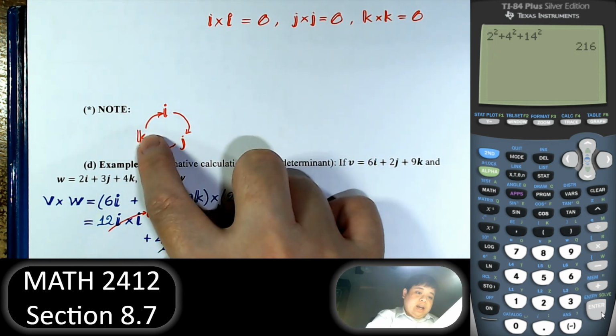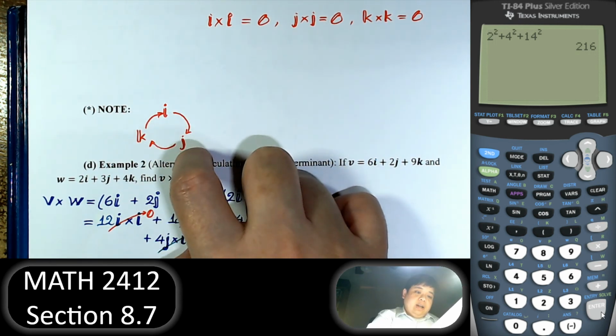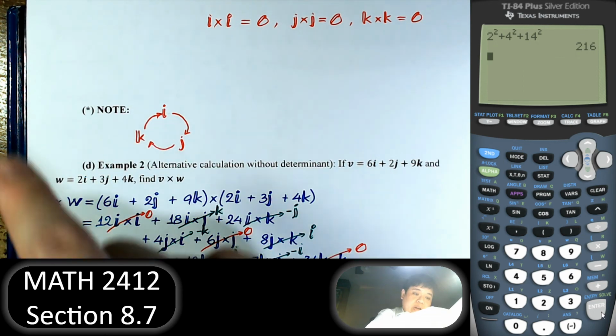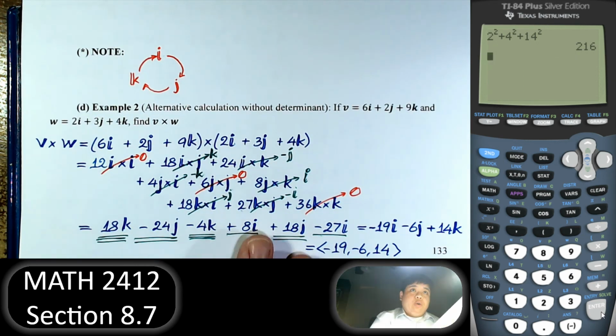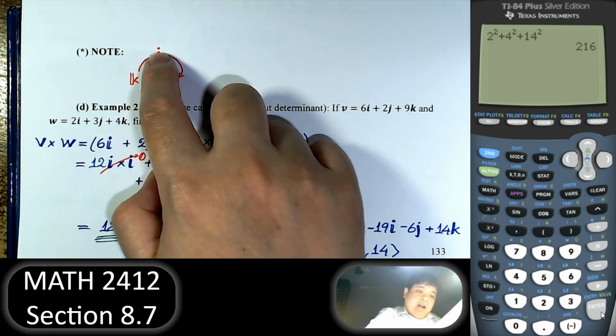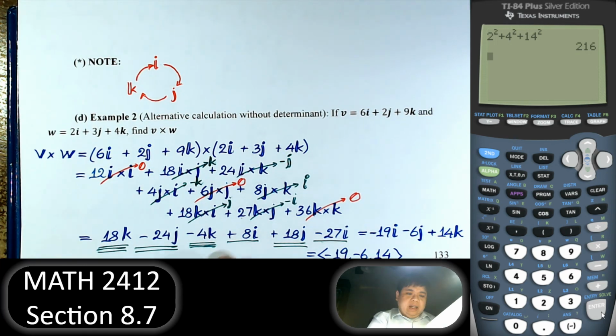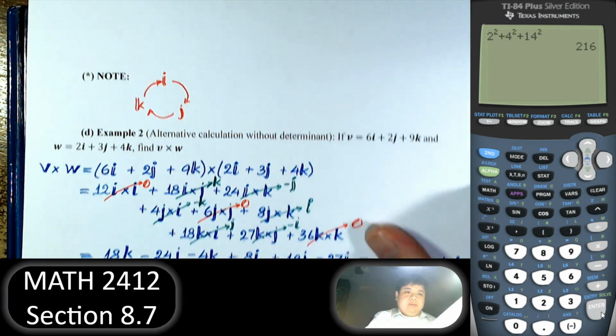I cross j is k, k cross i is j, and j cross k is i. So just go in that circle. If we go in reverse, it is going to be the opposite, like i cross k is equal to negative j, for instance. And any vector cross itself is equal to a zero vector. I don't recommend you do it like this though.